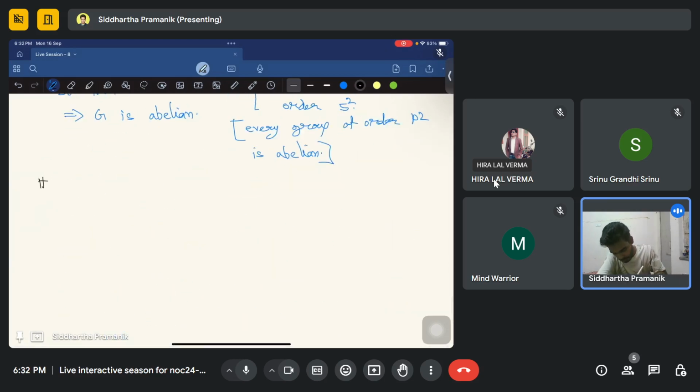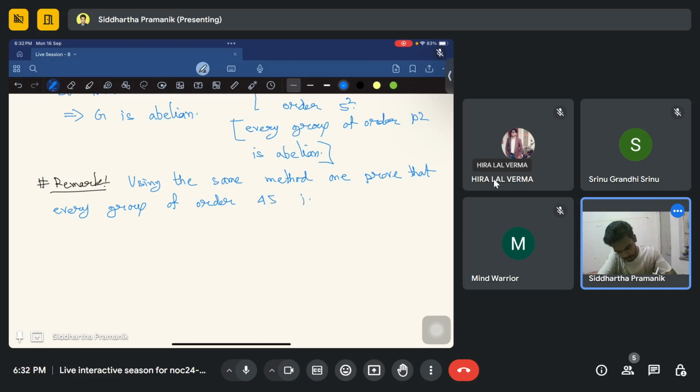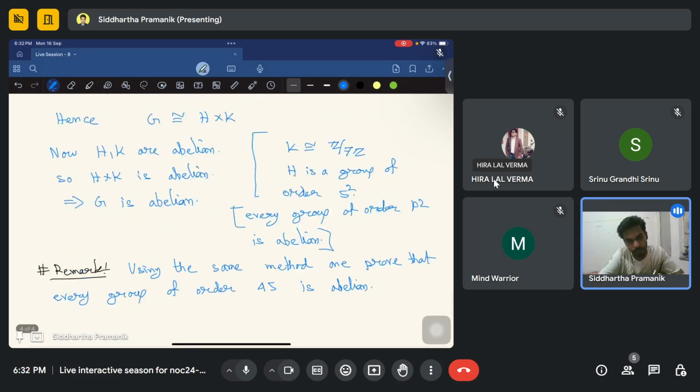So one remark is, using the same method, one can prove that every group of order 45 is abelian. So you can try it on your own by arguing in the same way.